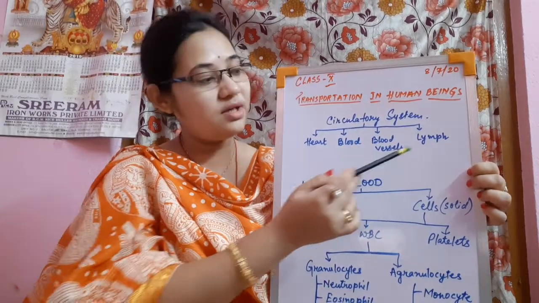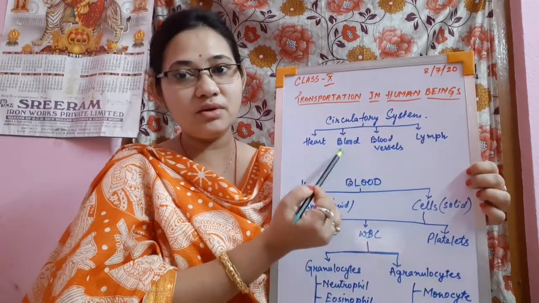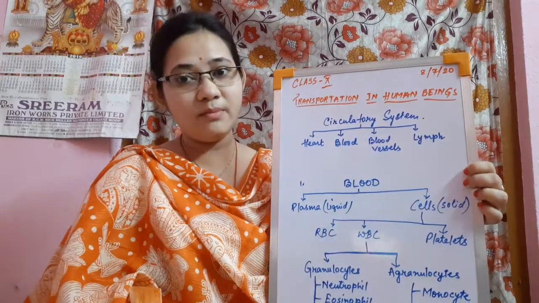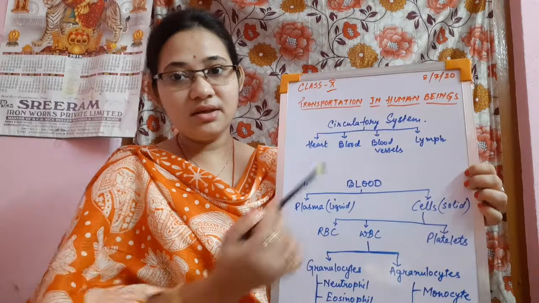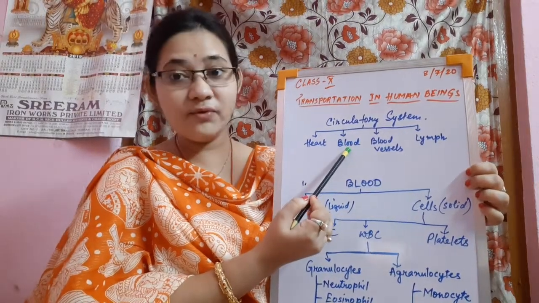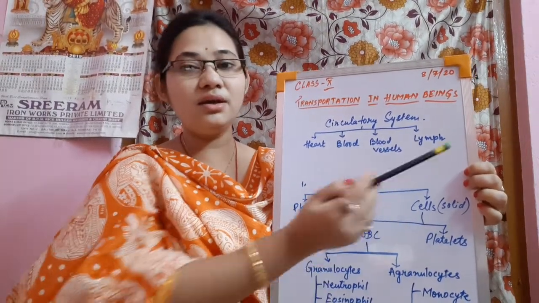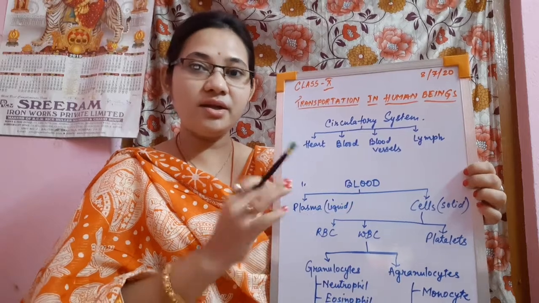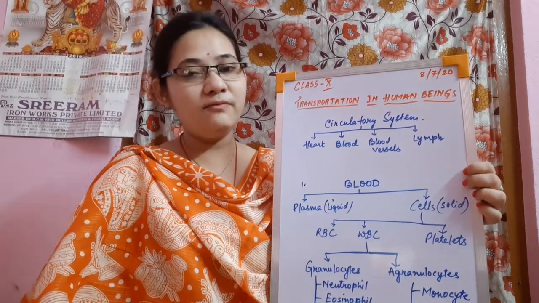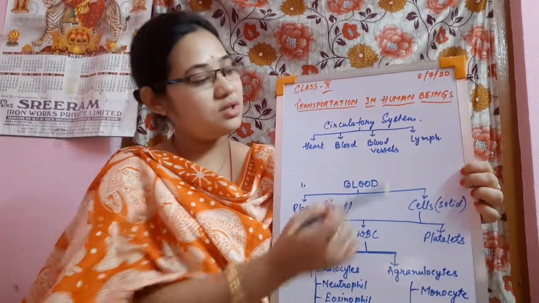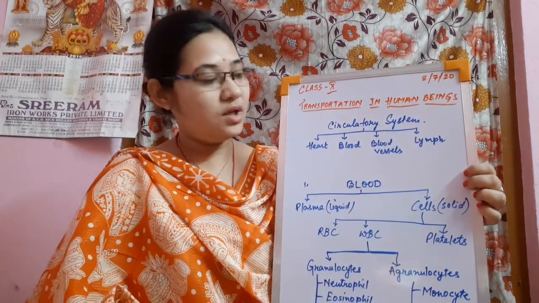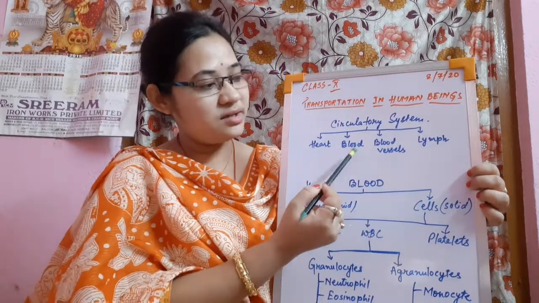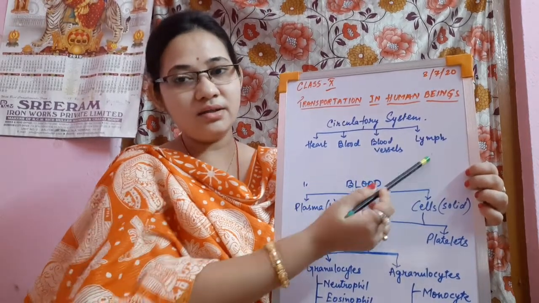When we discuss lymph, we will see that it originates from blood. Some of the WBC cells, called lymphocytes, join another vessel, the lymphatic vessels, to form the lymphatic fluid in which lymphocytes are present, and that fluid is called lymph. So the circulatory system basically consists of two fluids, that is the blood and the lymph.